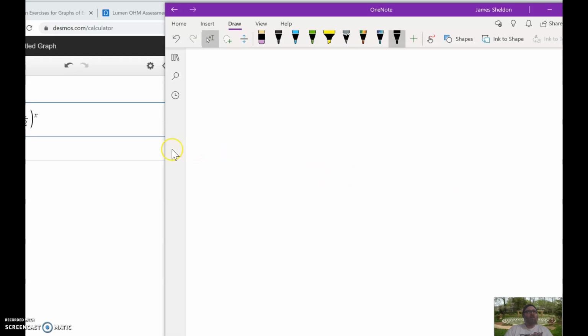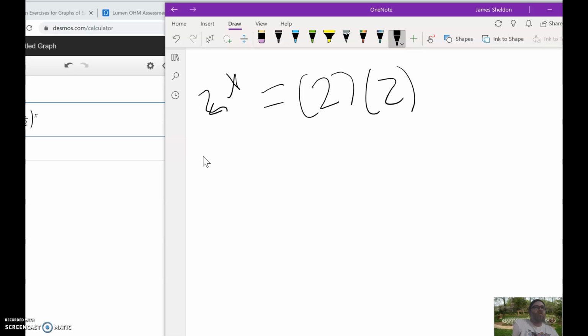say we have something like 2 to the x, so that's 2 times 2 times 2, and so the number keeps getting bigger and bigger.